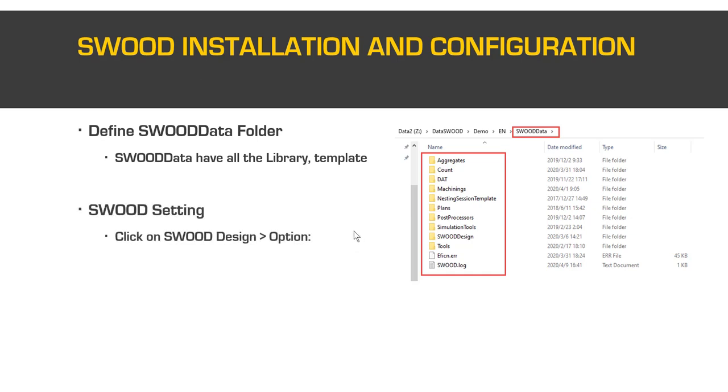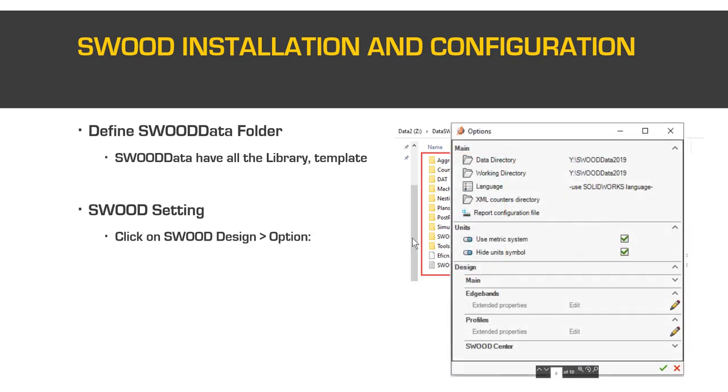So when we get this folder, how can we put it inside of SWOOD? To do this, you should open SolidWorks, go to Tools, SWOOD Design, and use Option. And inside of Option, you should put the data folder correctly.